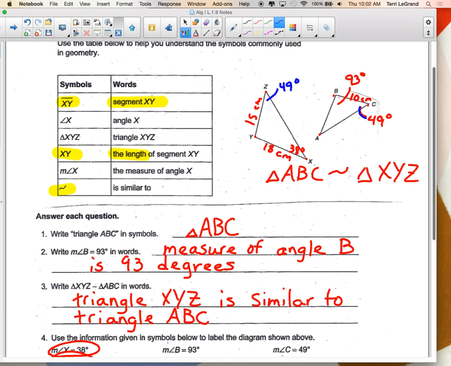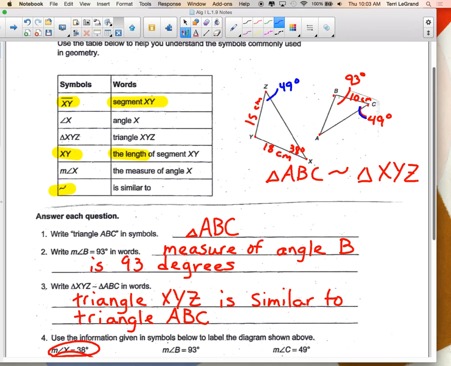Anybody know how we'd be able to say that? Shay? Okay, but I don't know anything but the 38 degrees in that one. That's the only thing I know in that triangle that has Z in it. So how am I going to figure out that Z is 49 degrees without knowing two angle measures?